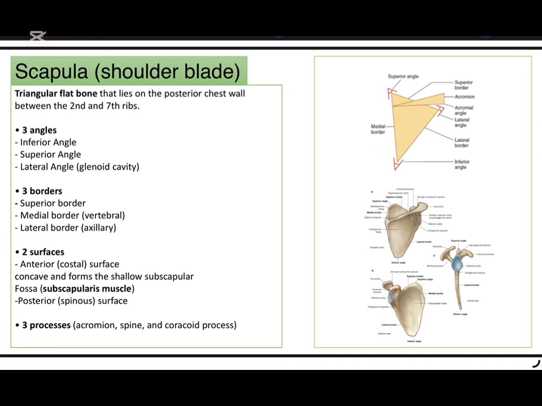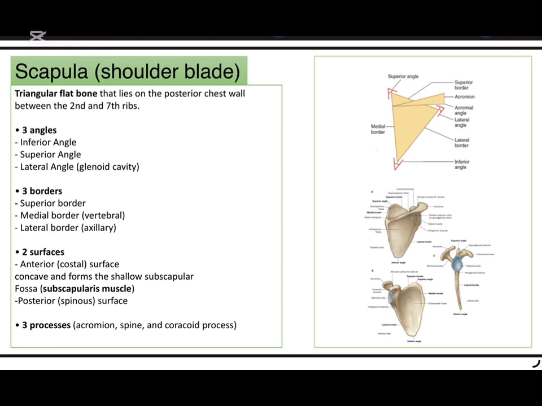It has 3 angles, it has 3 borders, and it has 2 surfaces, okay? So it is a triangular flat bone with 3 angles, 3 borders, and 2 surfaces.